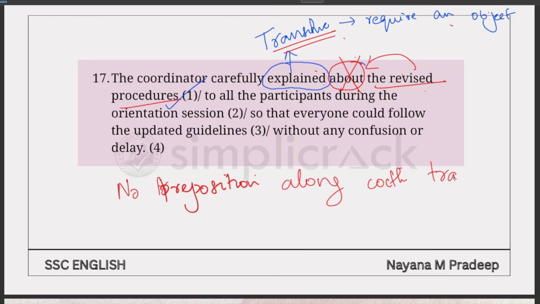You can simply study it like this. You should not use a preposition along with transitive verbs. Why? Because transitive verbs are directly connected to the object. You do not need a preposition in between. If a preposition comes, what happens is that the object becomes the object of the preposition and not of the verb. That is why we avoid prepositions. Is it clear?